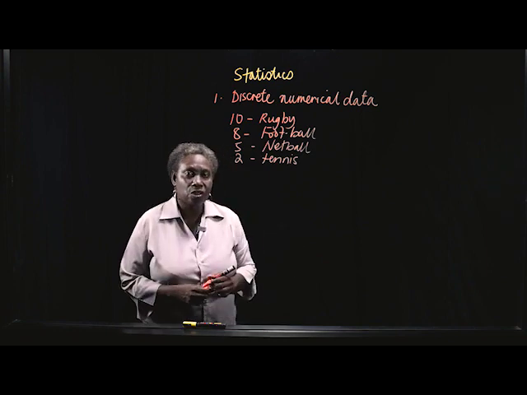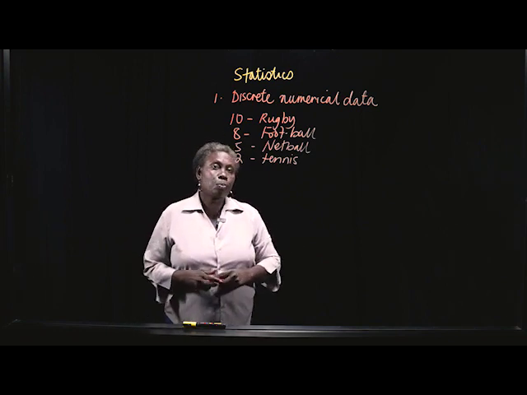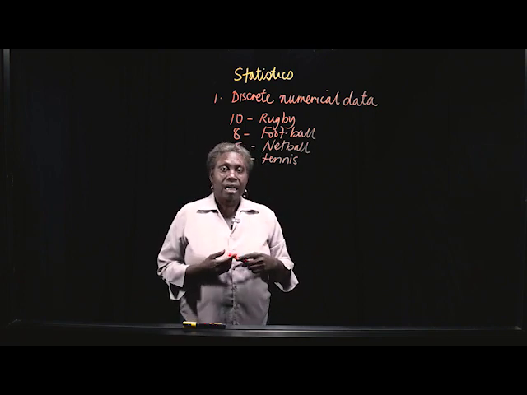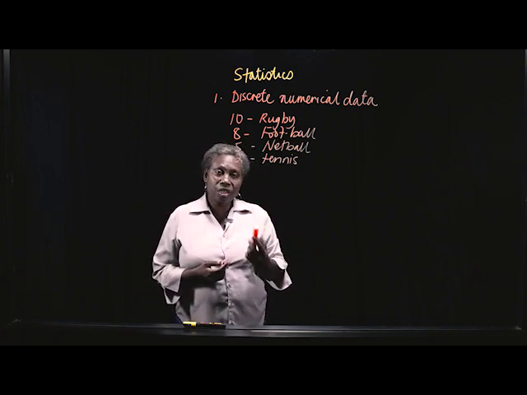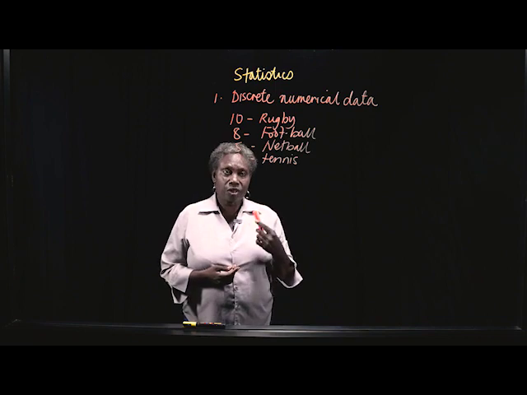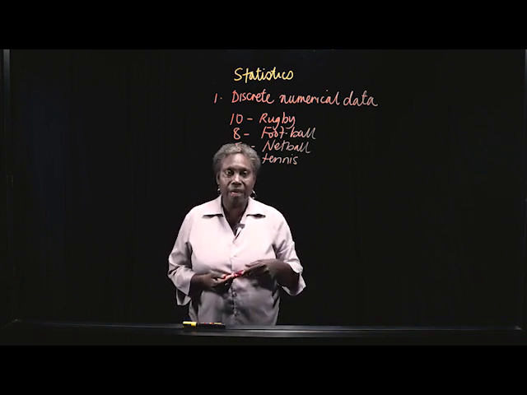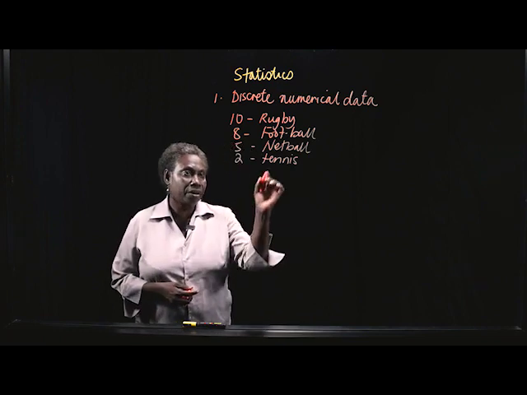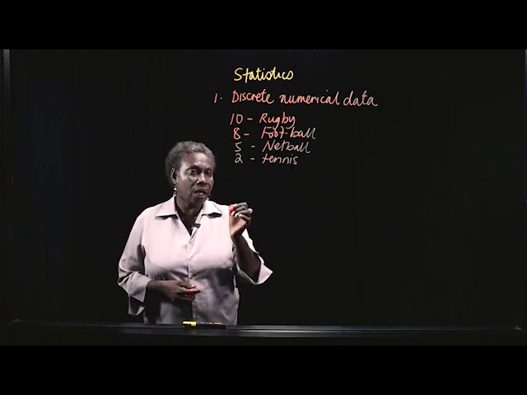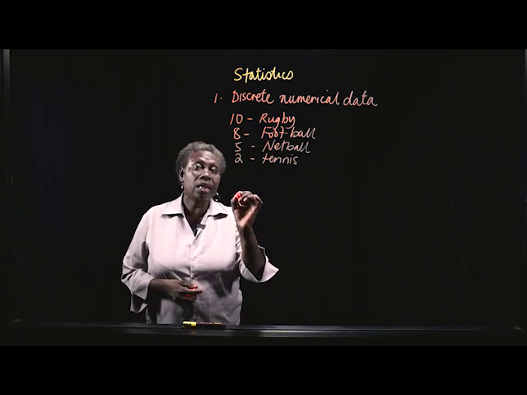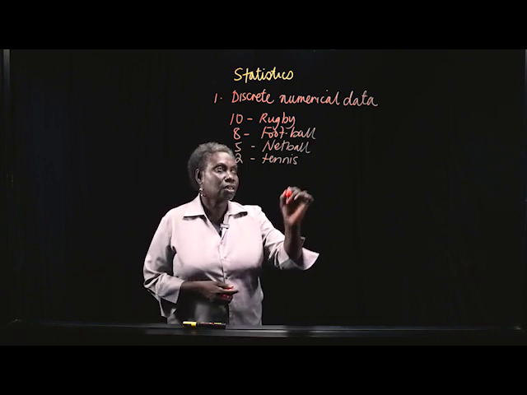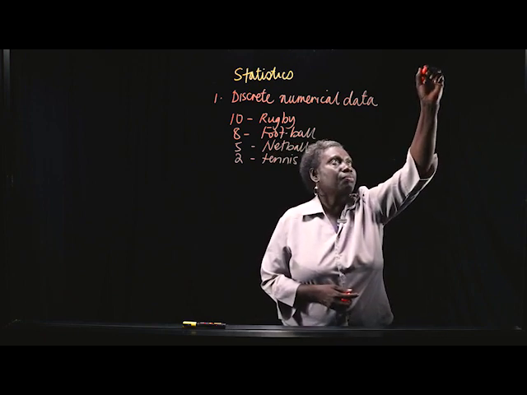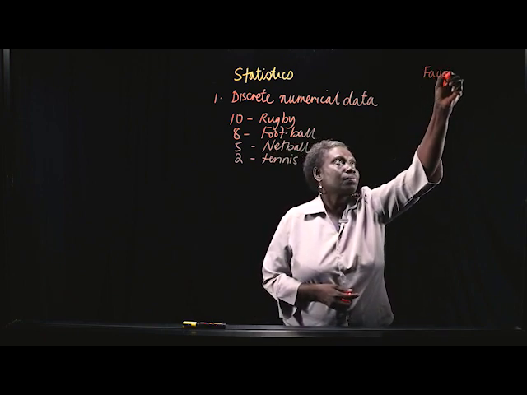This information was displayed on a graph, and discrete numerical data is usually displayed on a bar graph. Let's look at what a bar graph looks like. When you are drawing a graph, you must have a title. So the title of our graph is favorite sports.